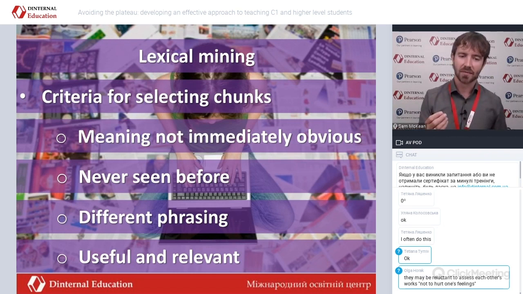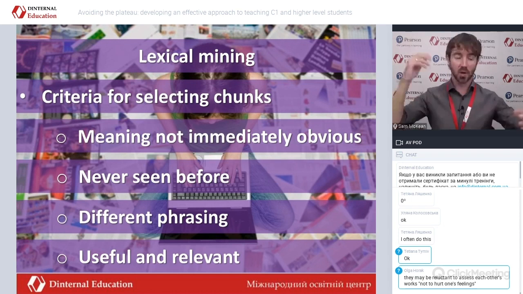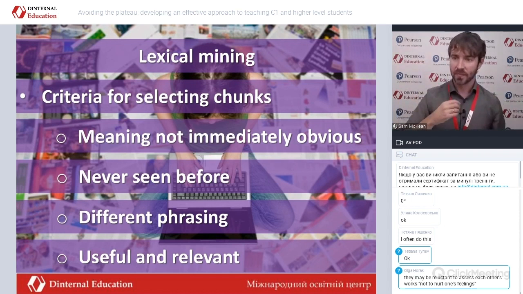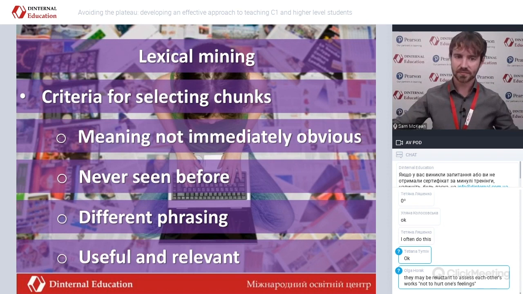Of course, once the students have isolated the phrases, and again, this criteria exists because when we give our students an authentic text, they can be a bit overwhelmed by all of this new language. They're not going to learn 30 new phrases.